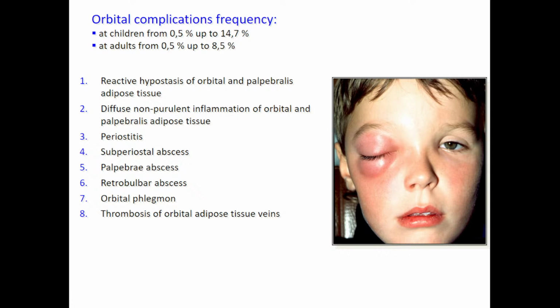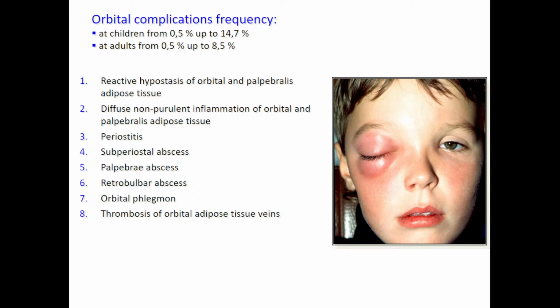So you see that in children the complications are more frequent, because of additional ways for spreading of infection, and because of specifics of the immune reactive organism, and a lot of fat tissue.